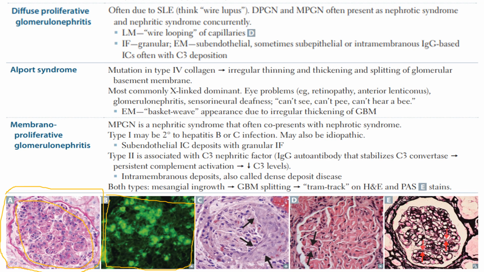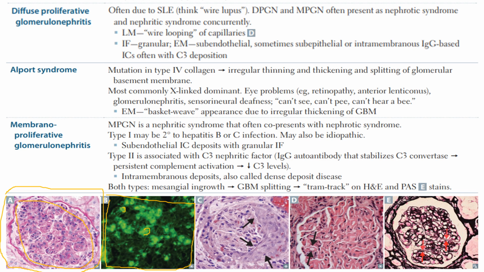It shows a granular, starry appearance and bumpy, lumps and bumps here, due to the deposition of IgG, IgM, and C3 along the glomerular basement membrane and mesangium.